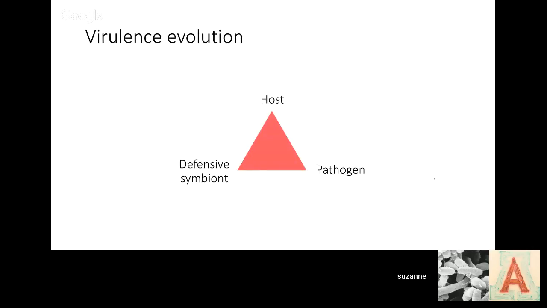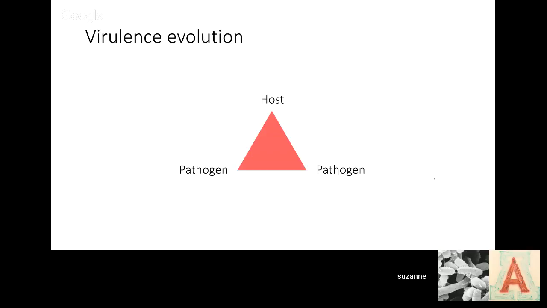Importantly, there's not really been much literature surrounding how defensive symbionts could affect how pathogens evolve their virulence towards the host. But there has been some literature that has focused on how pathogens interact with other pathogens and how their microbial mechanisms of interaction can shape pathogen virulence.